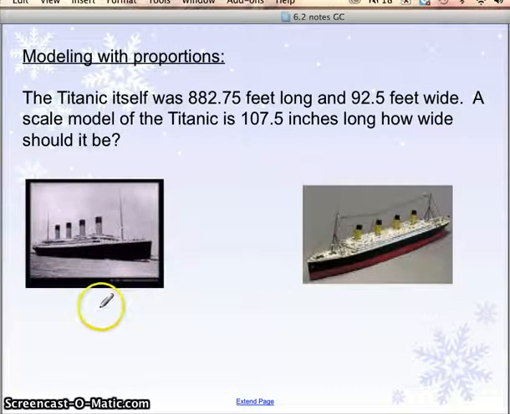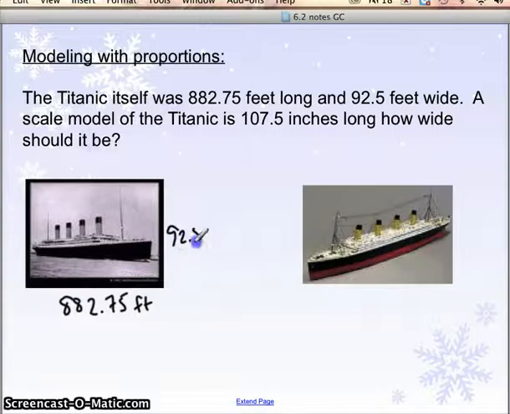So you might be given a kind of problem where you're given a real thing and then a scale model. Up here it says that the real Titanic itself was 882.75 feet long, and it was 92.5 feet wide. Now, obviously the Titanic wasn't a rectangle, but I'm just using this for length and this for width, just to help visualize.